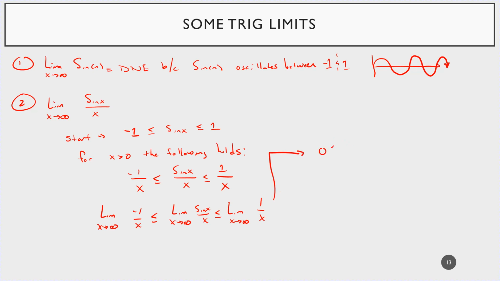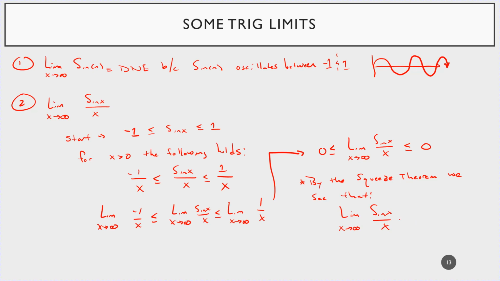So 0 is less than or equal to the limit of sine of x over x, which is less than or equal to 0. So by the squeeze theorem, we see that this limit as x goes to infinity of sine of x over x is indeed equal to 0.